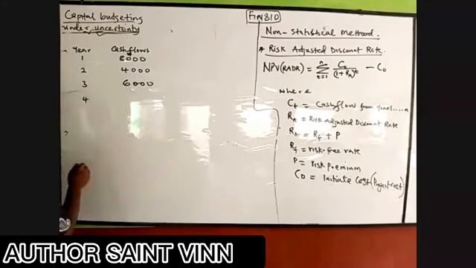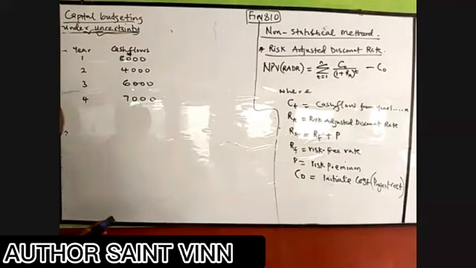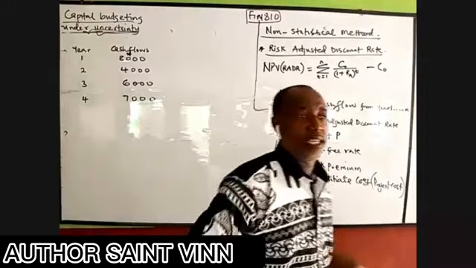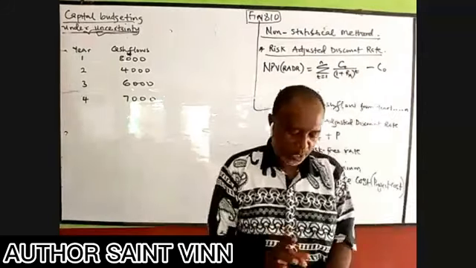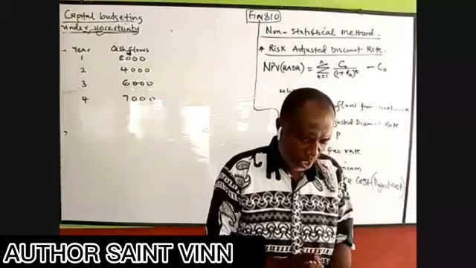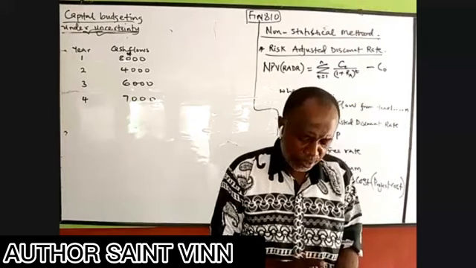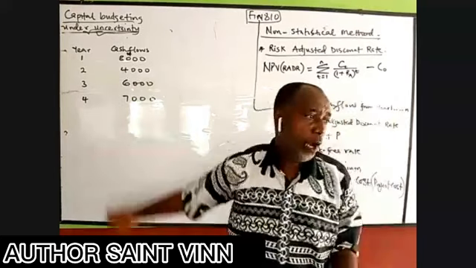Year 4, 7,000 naira. When the thing reaches year 10, the idea is still the same. So with those, I don't want to use large figures so that we get this done on time. But the idea, whether it's billion or trillion, figures are what?